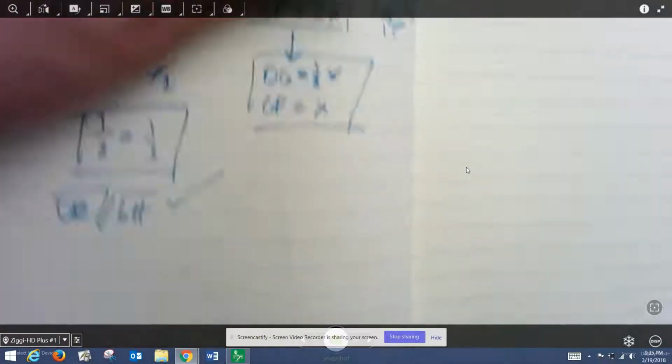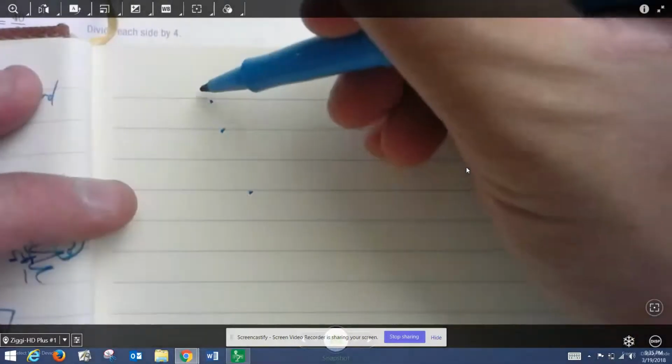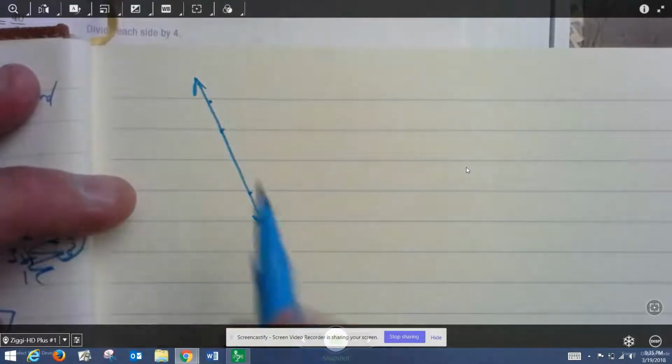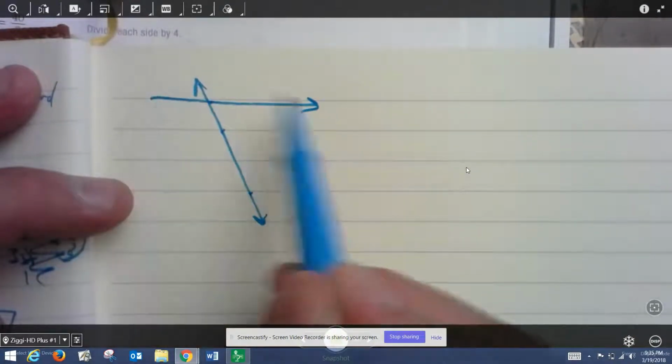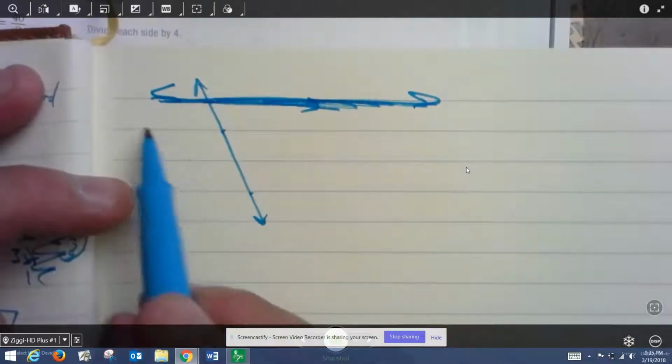So let's just take a brief example and look at this really quick. I'm going to try to do this with a little bit of finesse here so you can see this. So let's create a transversal, just a random transversal, and I have three parallel lines. Three parallel lines, in this way.